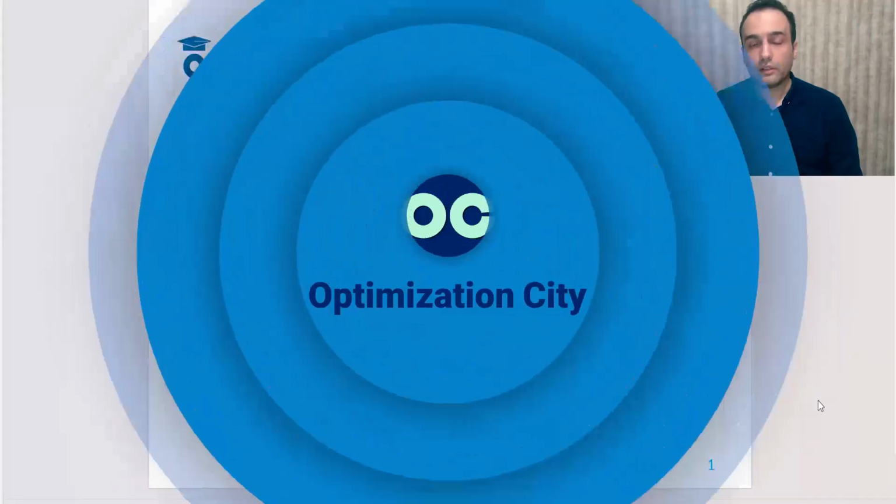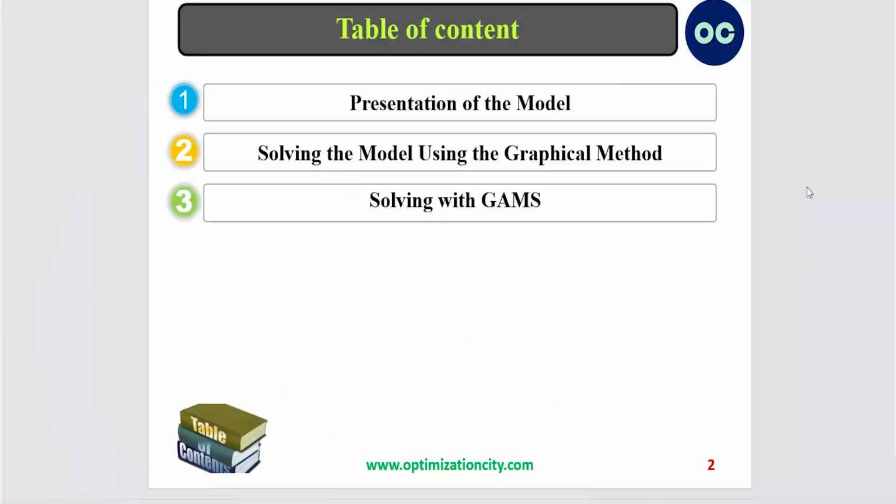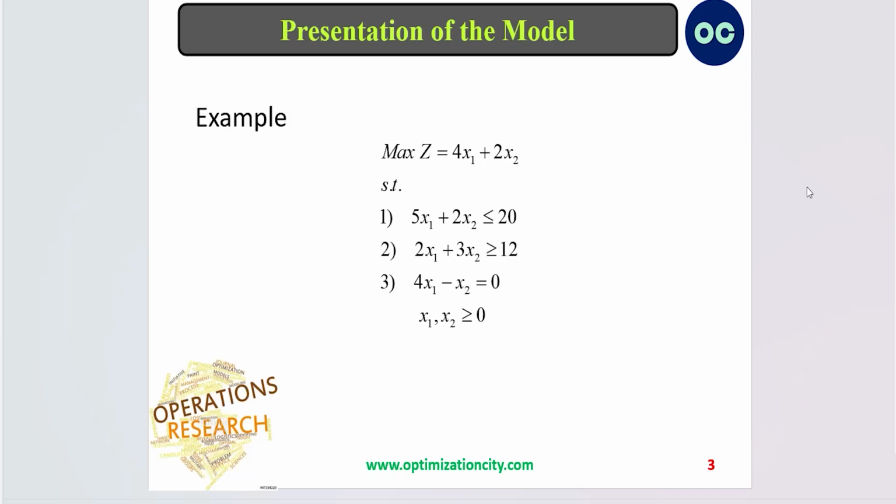So let's get started. Here is the outline of our session: presenting the model, solving the model graphically, and finally solving the model using the GAMS software. Here is the linear programming model we will solve here. It has two variables, x1 and x2, and three functional constraints.